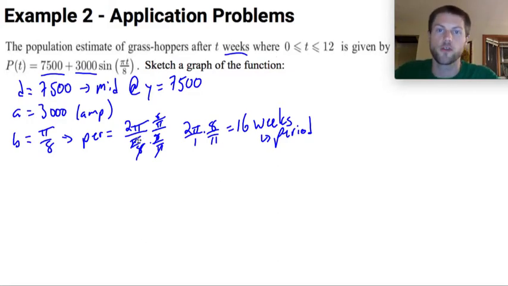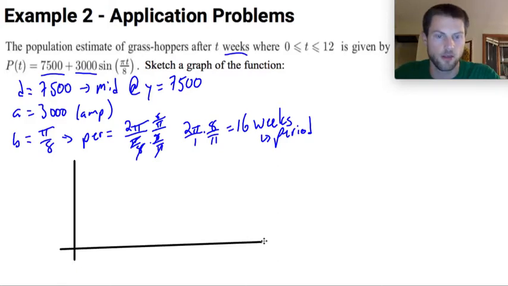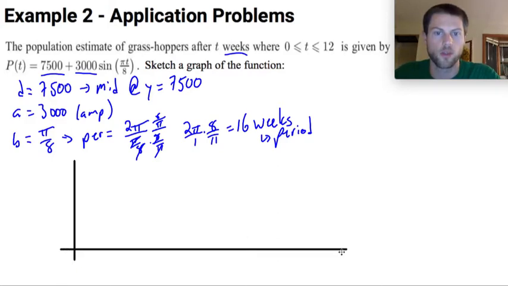Okay, so next up, we have gotten the important information. There's no phase shift, so I'm going to start at the midline. Now let's start to put this to a graph. I'm going to get some nice straight lines, and I'm going to sketch something like this. We're only dealing with positive values, and I can label this any way I like.